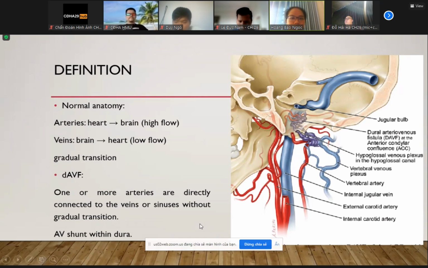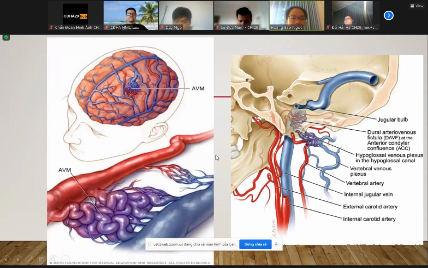Brain hemorrhage. Although dAVF and AVM are both high flow vascular malformations, the dAVF still differs from AVM, as AVM can be found within the brain tissue, while dAVF are found in the surrounding of the brain and spinal cord.